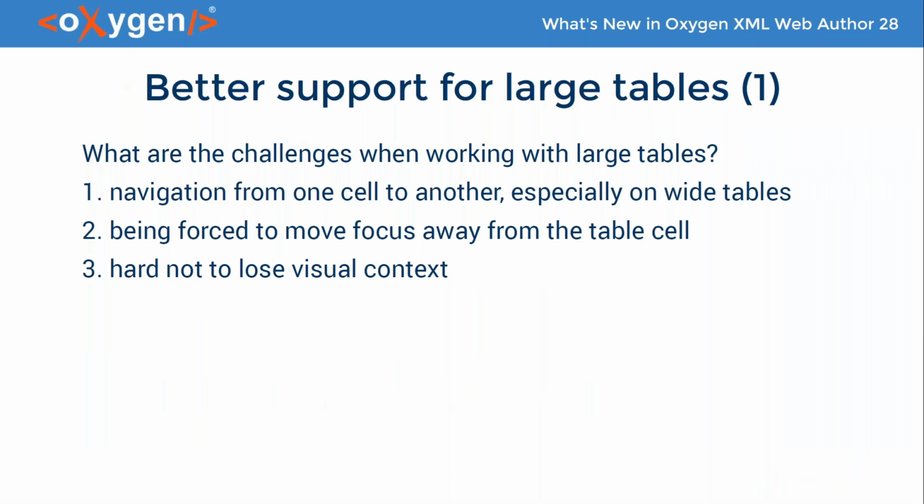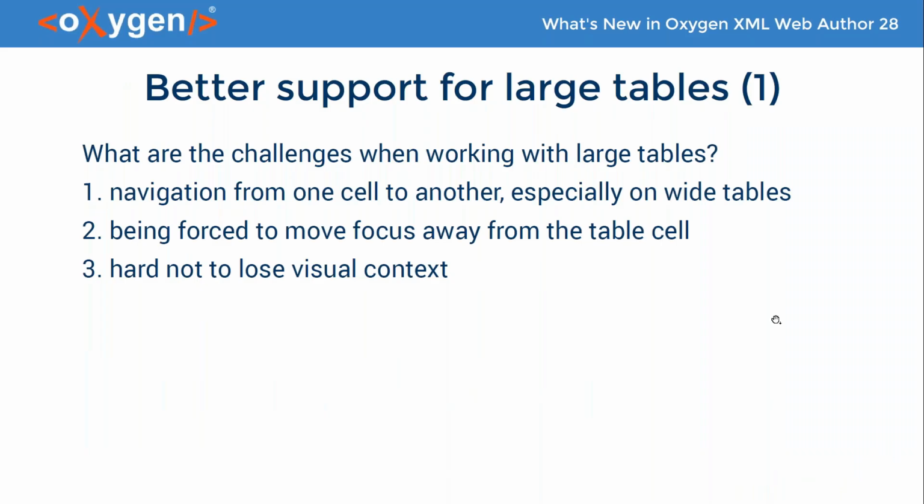Another problem is that sometimes you have to move focus away from the table cell to the toolbar or to other side views in order to invoke an action or to see something about the table. Another problem is that it's hard not to lose the visual context.